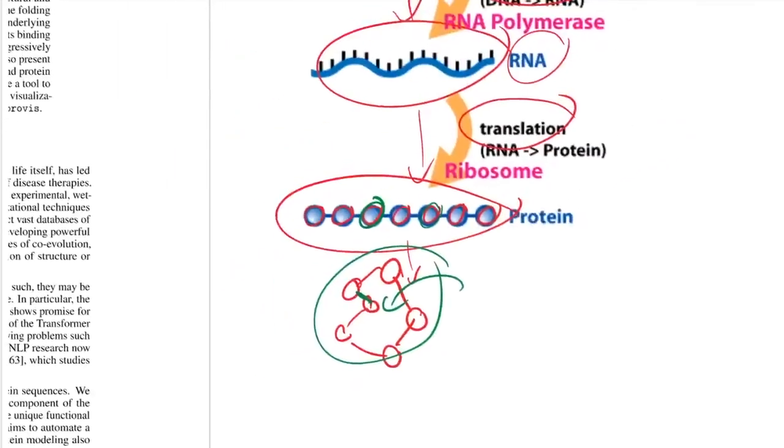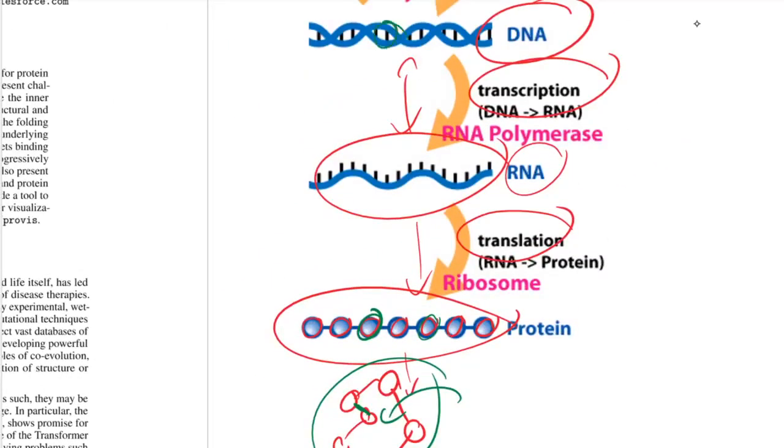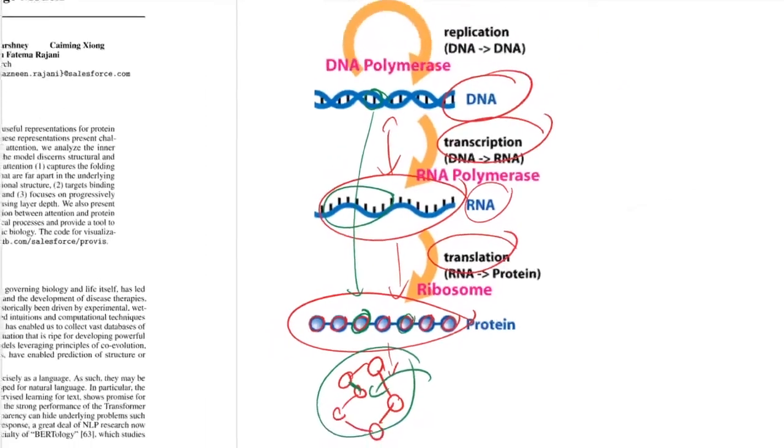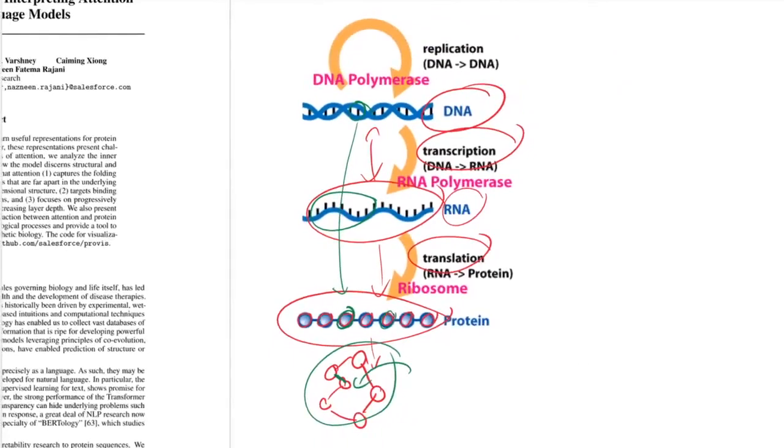So mutations in DNA sometimes lead to mutations in protein, not always, because there is some redundancy in this translation step from RNA. But if they do lead to a different amino acid, it doesn't actually mean that the function changes. So there is value in analyzing the sequence of the structure of proteins rather than the structure of DNA.